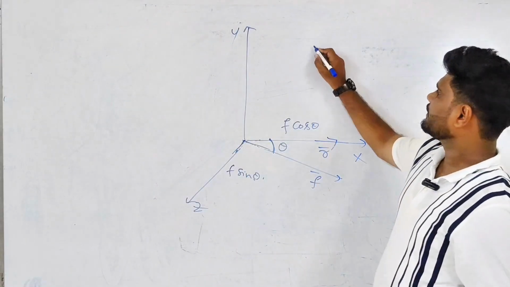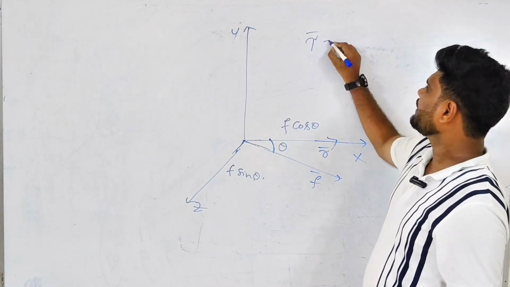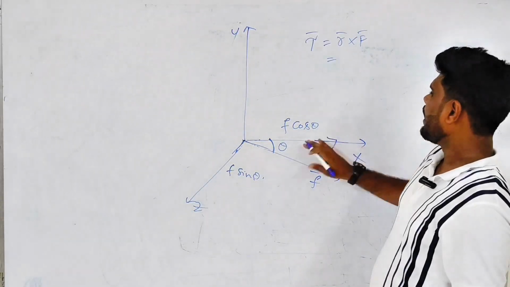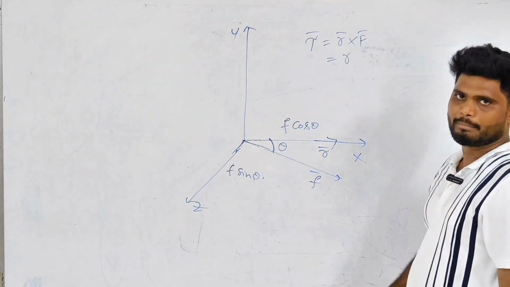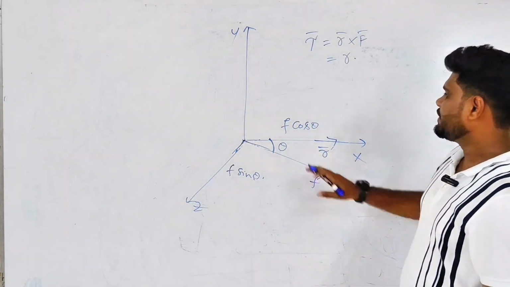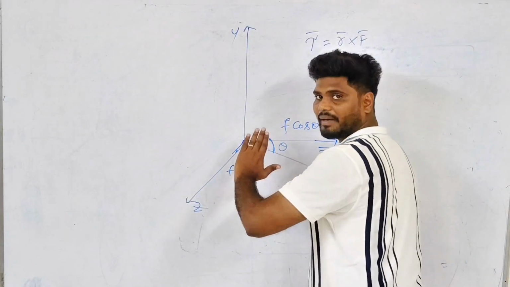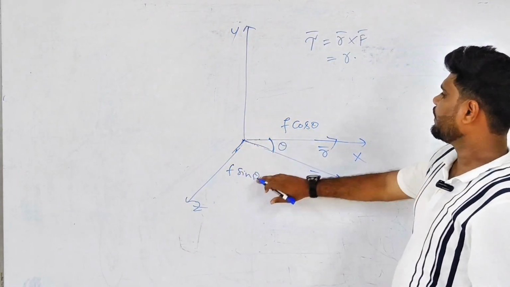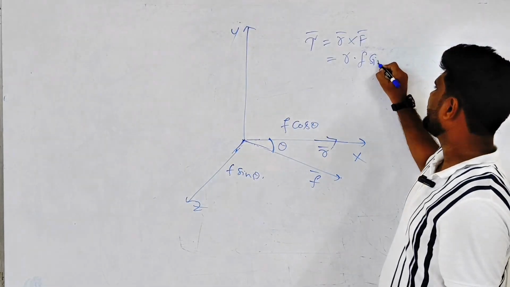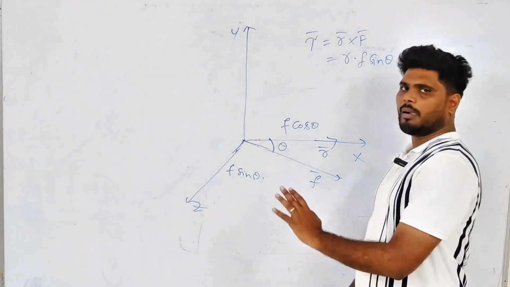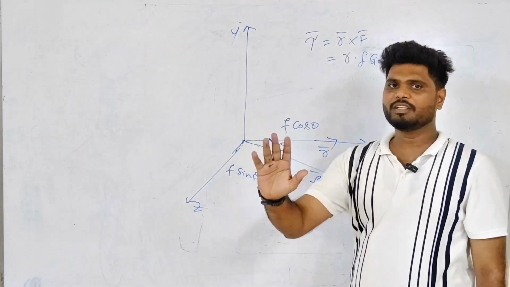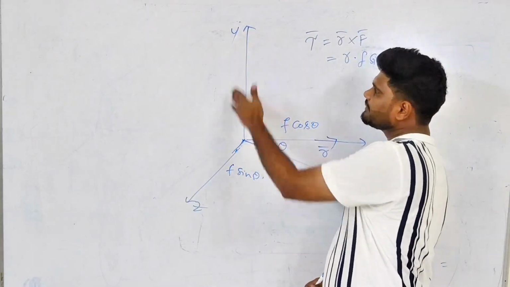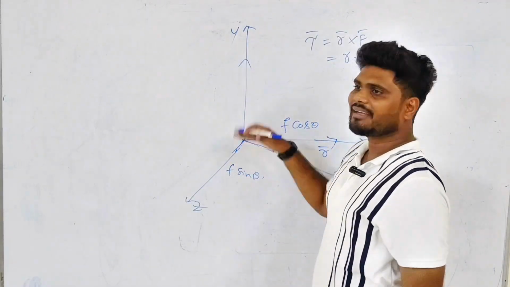So the torque tau bar equals r bar cross F bar. R is the vector, and the perpendicular, that is vertical, component is what helps here: F sin theta. We have seen that when we push the door, it rotates on the hinge axis, the axis of rotation.